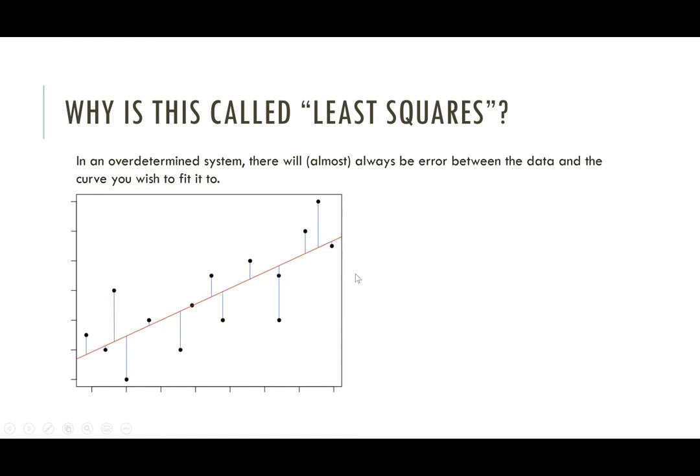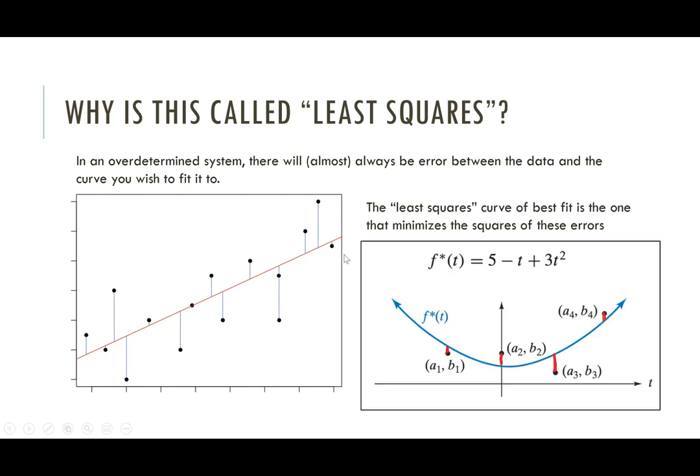And so the line of best fit is going to be the one that minimizes these errors. In fact, the least squares line of best fit is the one that minimizes the squares of these errors. If your curve is a line, you are minimizing the squares of these errors. And in our case, we had data points and we wanted a quadratic.